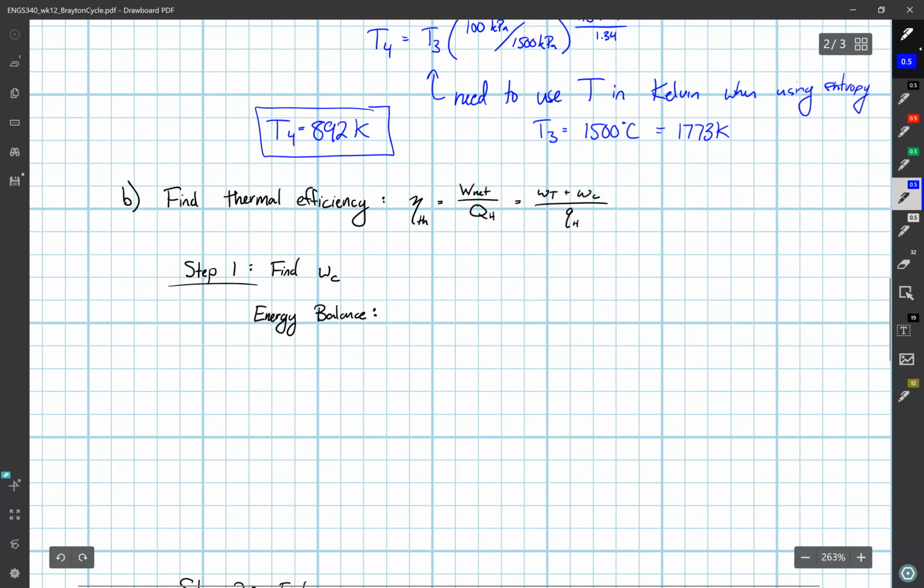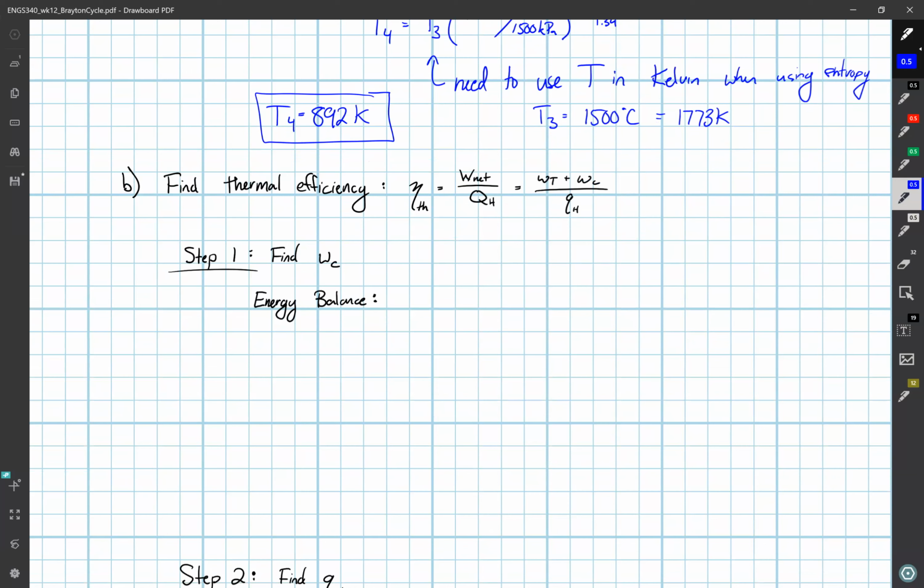If we want to find the thermal efficiency, we have a couple steps. Our general equation is that the thermal efficiency is the net work divided by QH. We have a couple different work terms: WT, WC, and QH. We need to find all of these, so we'll start with the work of the compressor.